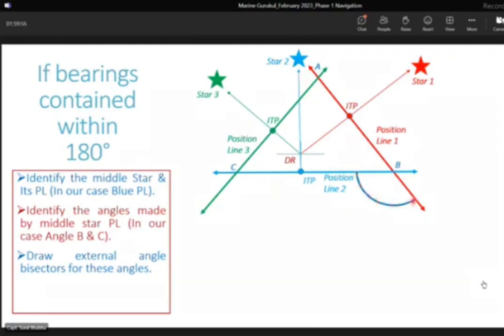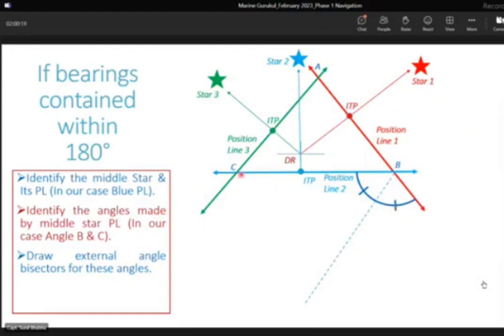So let's draw it now. You see the dotted line coming up as the external angle bisector. This is going to divide this angle into two equal parts. So we have the external angle bisector for angle Bravo in our plot.